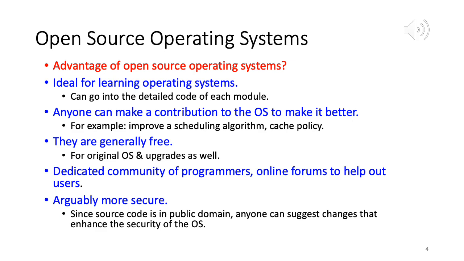You may have seen your smartphone gets upgrades. Maybe they added some security feature, or some OS functionality, or made it faster. So both the original OS and the upgrades are in general free.